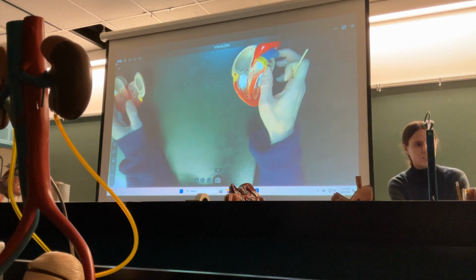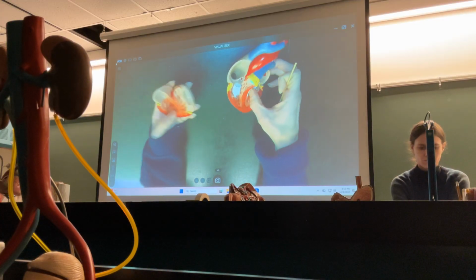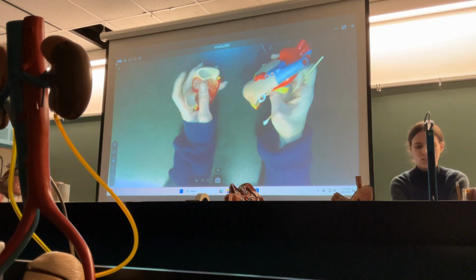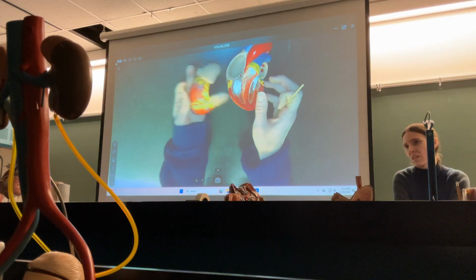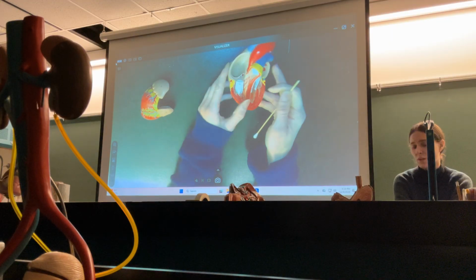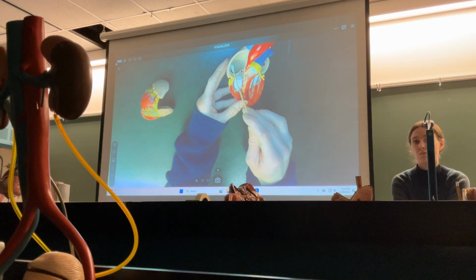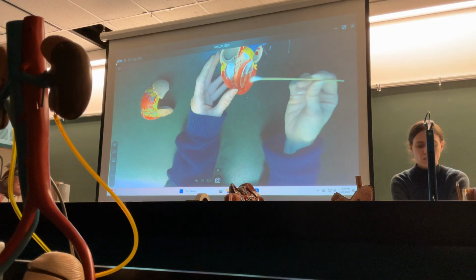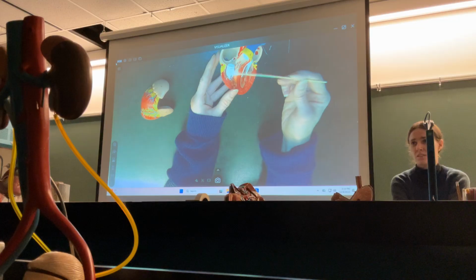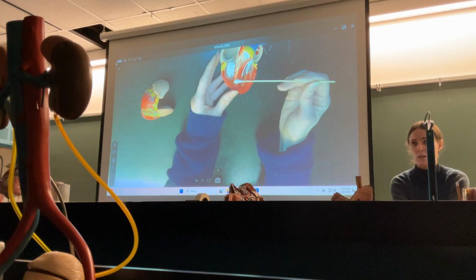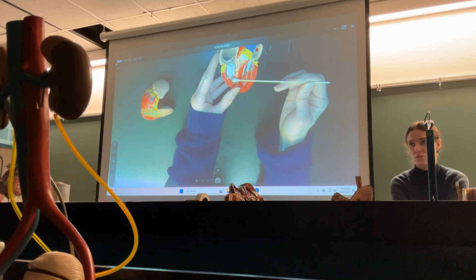Let's open our heart up. Now again, all the auricle really does is extend the volume of the right atrium. What is the valve that separates right atrium from right ventricle?